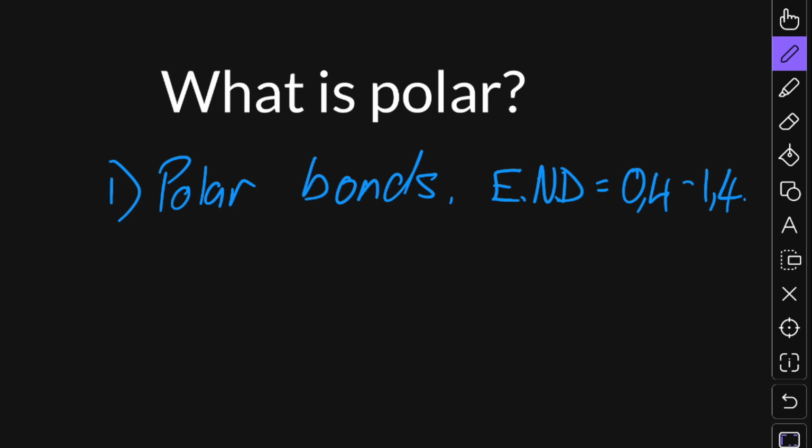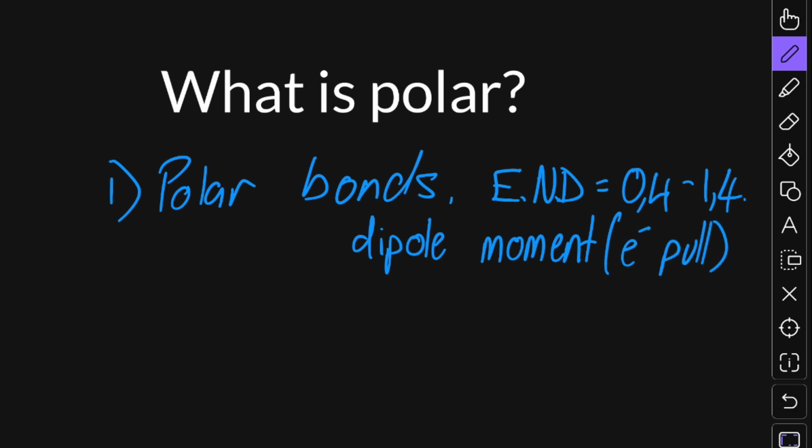Anything above 0 is slightly polar, and the higher that number, the more polar the bond. And what that makes is called a dipole moment. A dipole moment is a pull on those electrons. It's an electron pull. The higher this number, the higher the pull towards the one side.